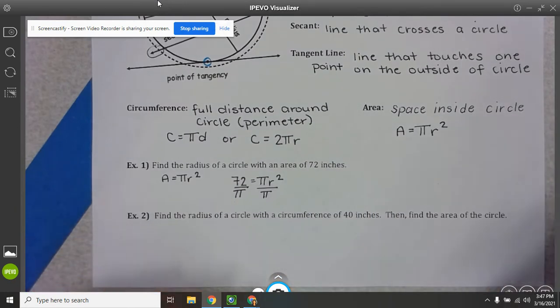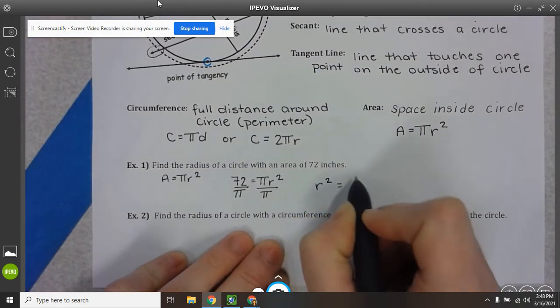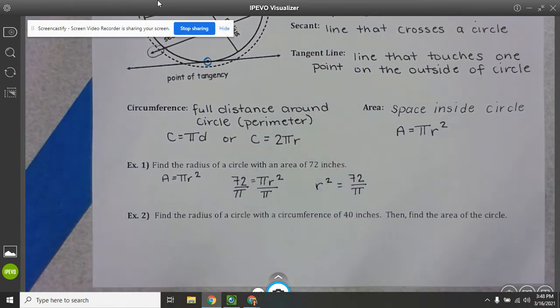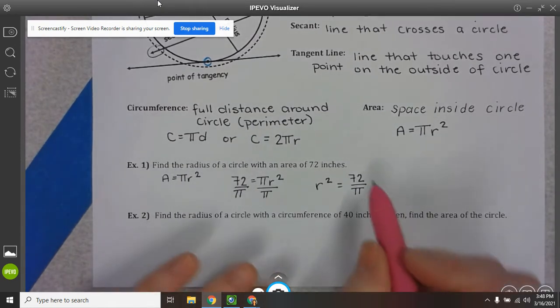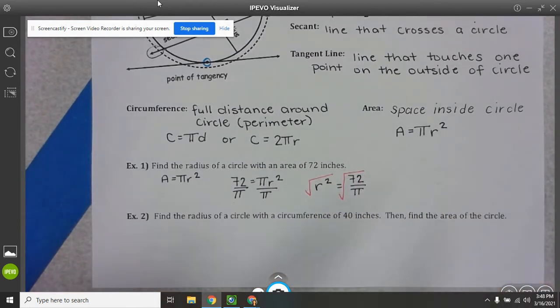And now that we're in our circle unit, we're going to work on being more precise with our calculations and with our statements for these pieces. So I'm going to leave r squared for the moment as 72 divided by pi. Now I know that that looks weird. I get it, but just trust me. Now in order to get r by itself, I'm going to take the square root here.